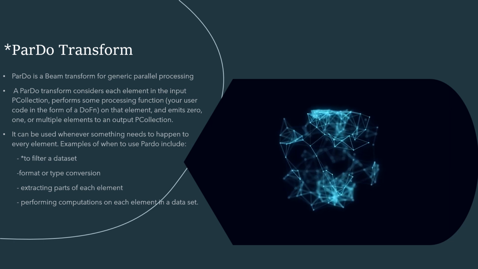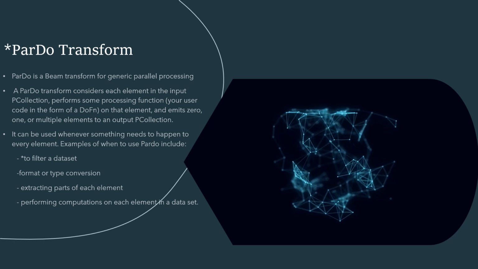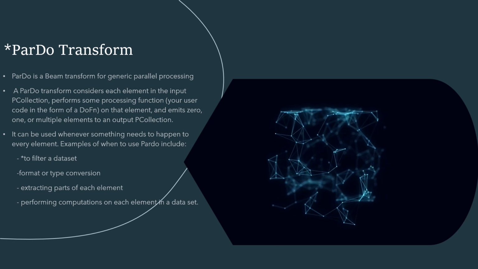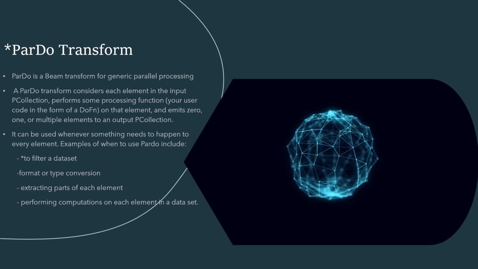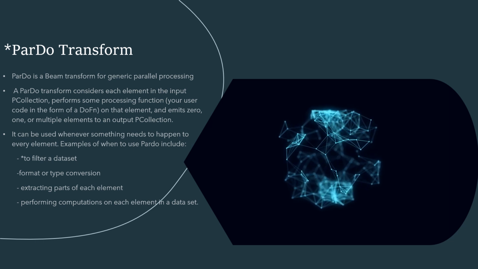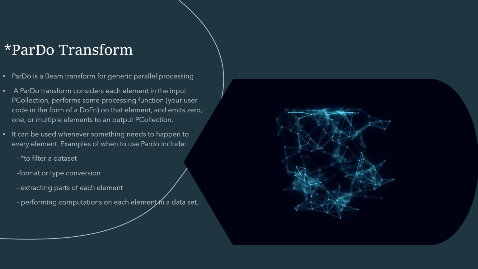It is used whenever something needs to happen to every element. Examples of when to use ParDo include to filter a dataset, to perform format or type conversion, when we need to extract parts of each element, or performing computations on each element in a dataset.